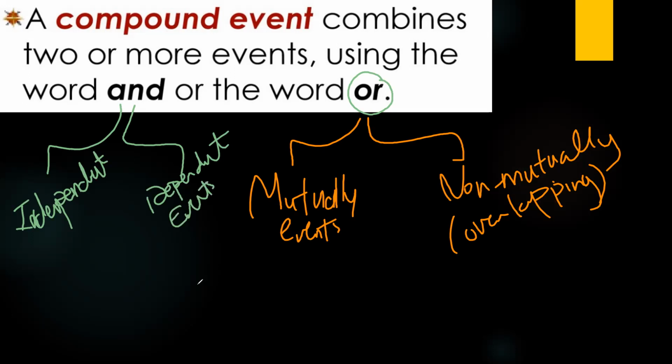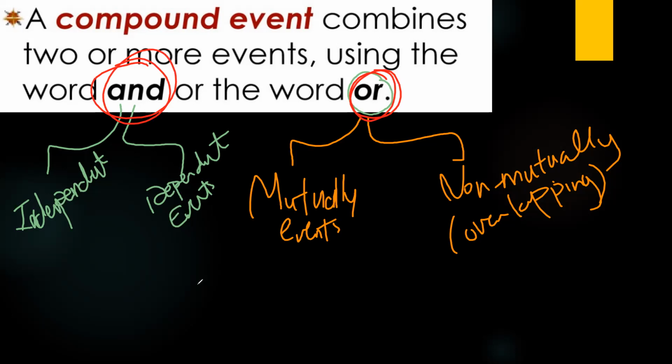So in this lesson we are going to learn the 4 types of compound events: mutually exclusive and overlapping if I use or, and if I use and, I can classify them into independent and dependent.